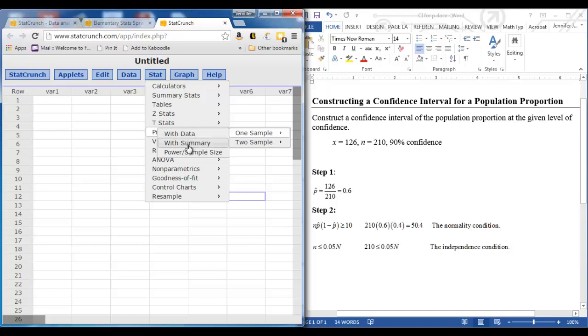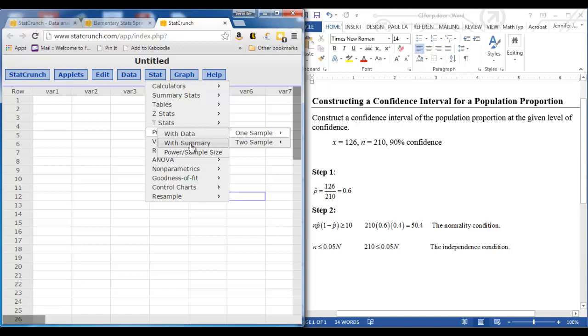That is called with summary. So you really want to pay attention to whether you have the actual data, that would be a column in your spreadsheet, or if you have summary, which is just a count. For the homework, you're going to be dealing with summary. When you go to do Project 3 Part 2, you will need to use with data.